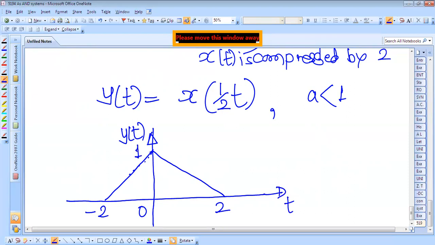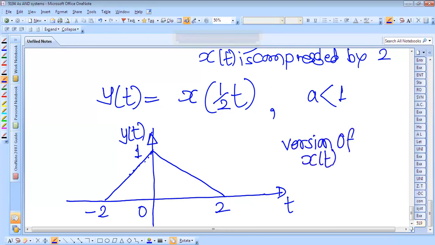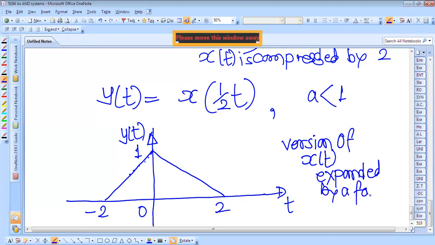Sorry, this is an expanded version; the previous one was the compressed one. So this is the version of x of t expanded by a factor of 2. So this is time scaling.